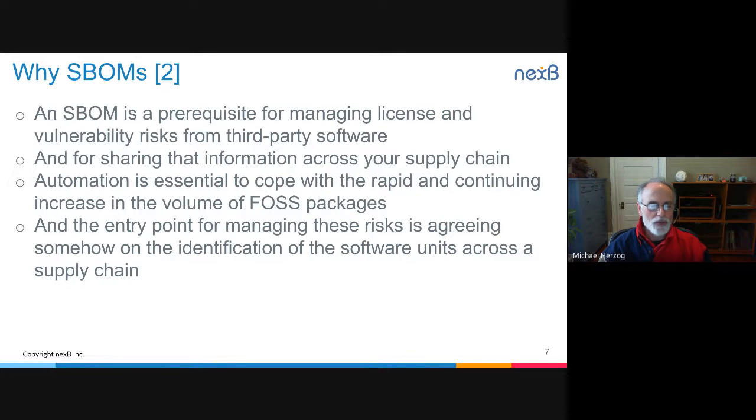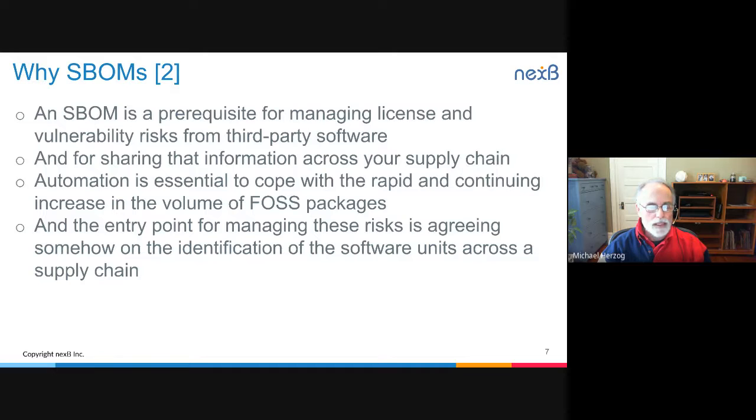And there are no absolute standards for that. So that means you have to have some way of agreeing. Then I say I use this software component, and you can recognize what that is. With the volume of software packages, particularly FOSS packages, this will have to be automated. There's no way to do this by hand and keep up.